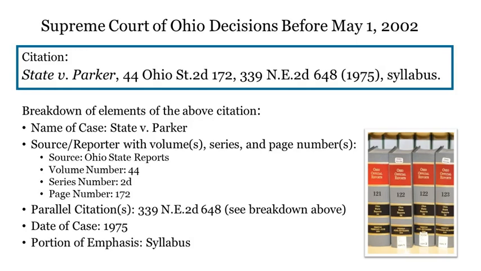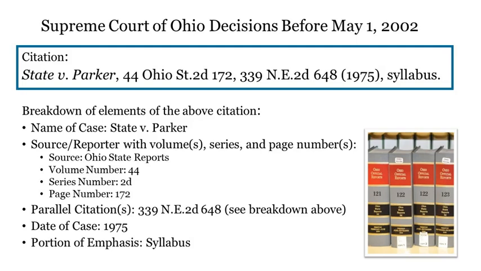The series number, 2nd, and the page number, 172, with the parallel citation with this same breakdown as above. So 339, Northeastern 2nd, 648. And then the date of the case here. And then it's directing you to see the syllabus. So that's the portion of emphasis, as you can see there.